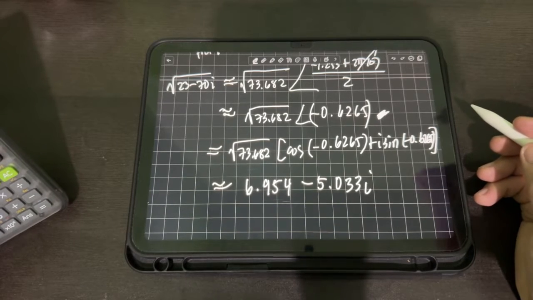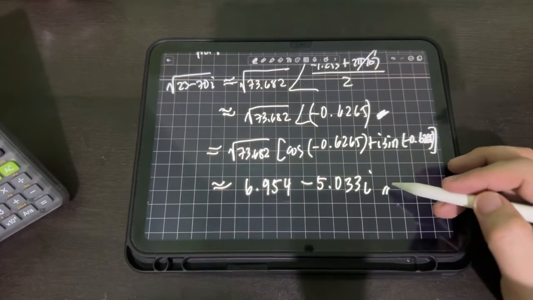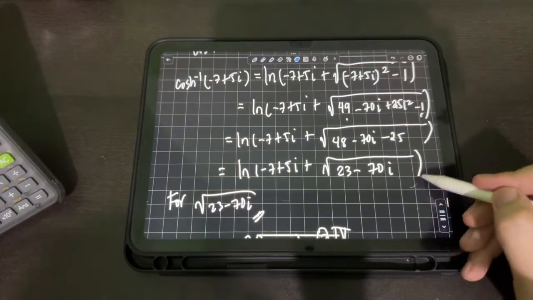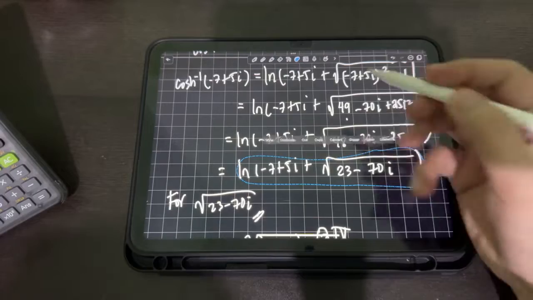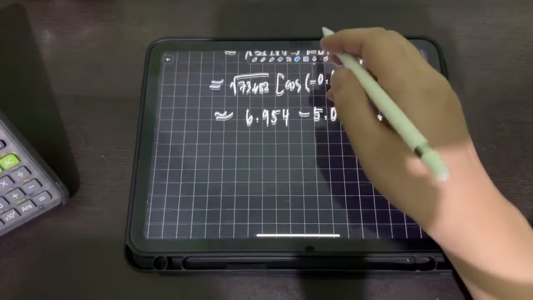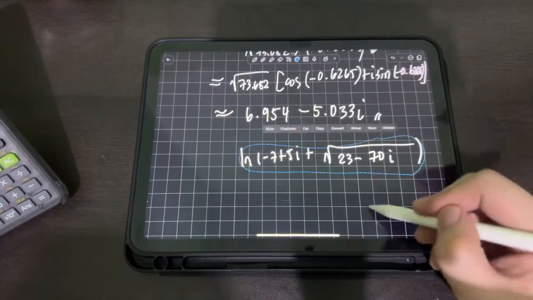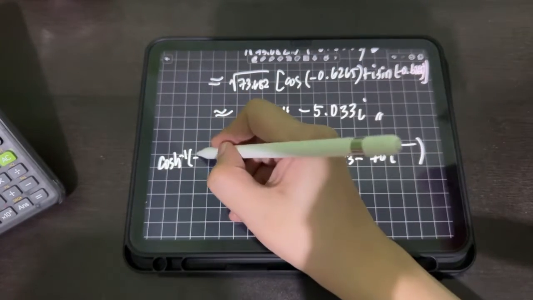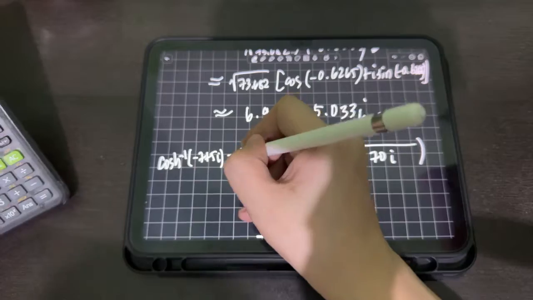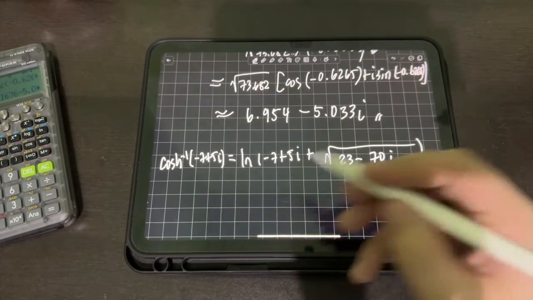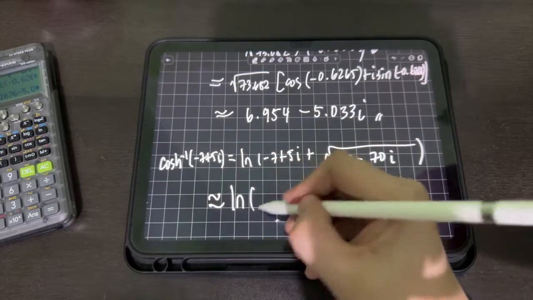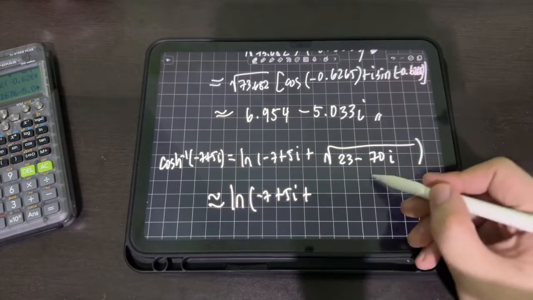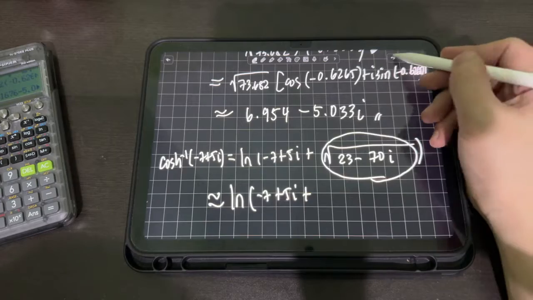Now, we will substitute this value in the formula here for arc cosh. This is the formula for arc cosh of negative 7 plus 5i. So it's approximately equal to ln of negative 7 plus 5i plus this value of the square root.